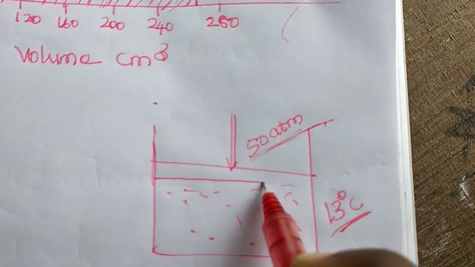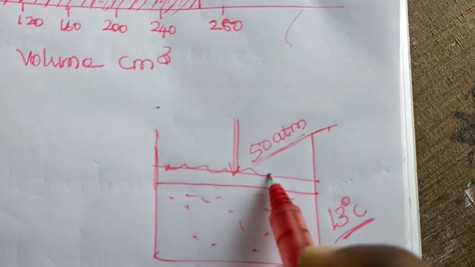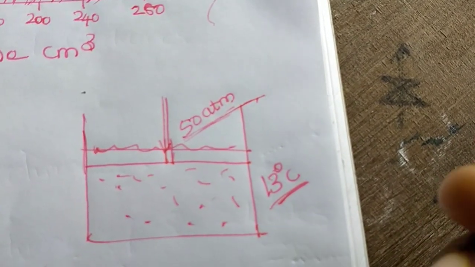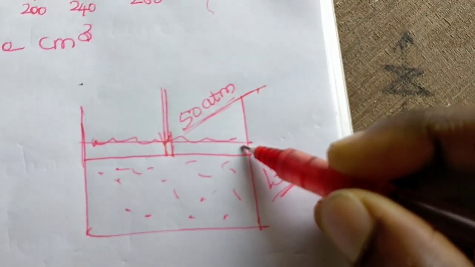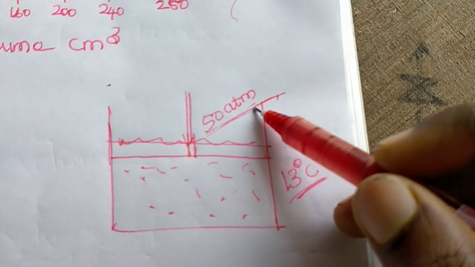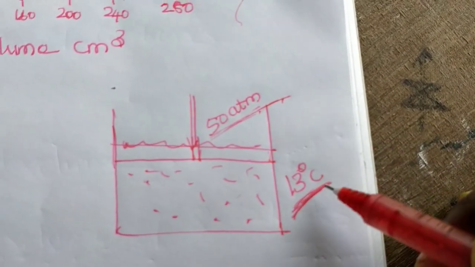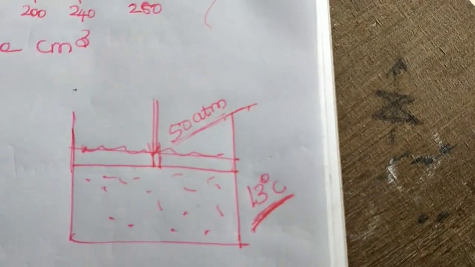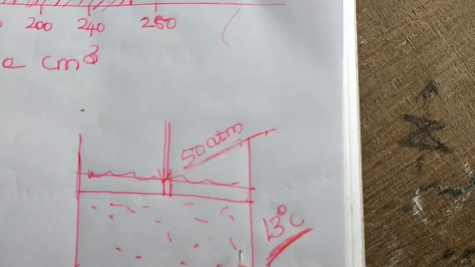Maybe it may reduce up to here. Now it is reduced up to here, so some amount of volume is reduced. Why is it reduced? Because of applying the pressure under a low temperature. So the volume is decreasing.